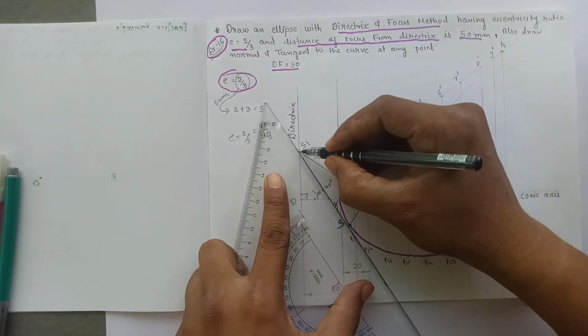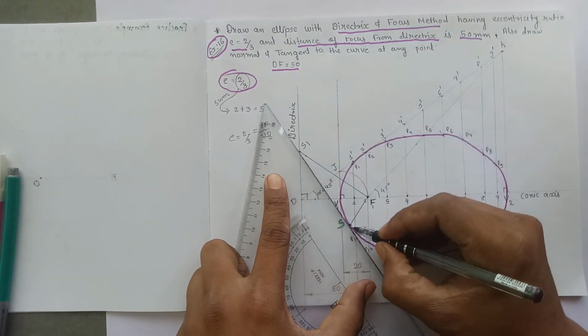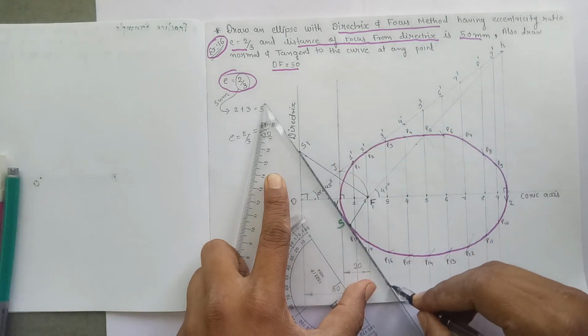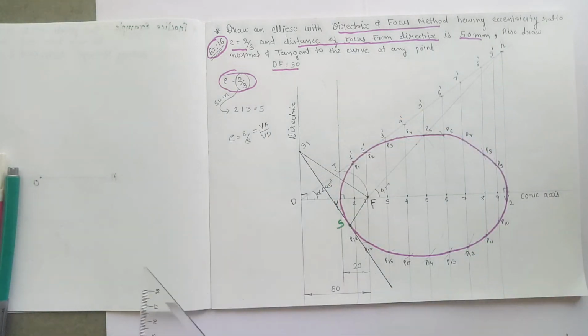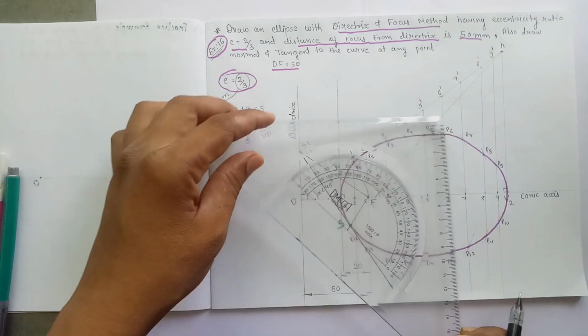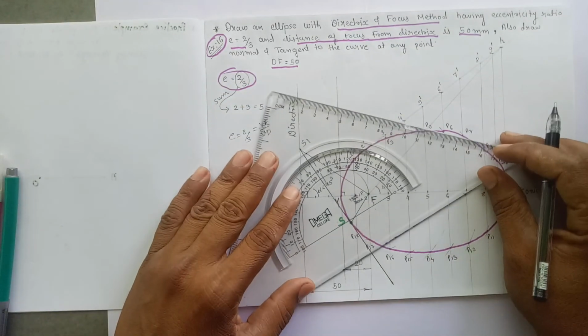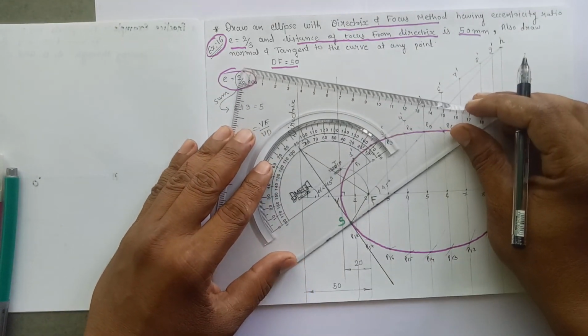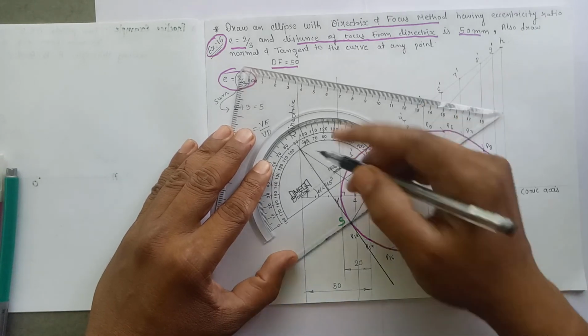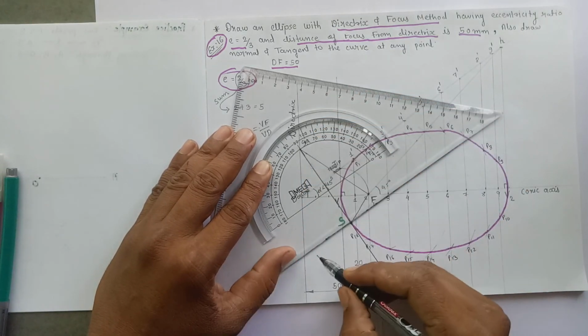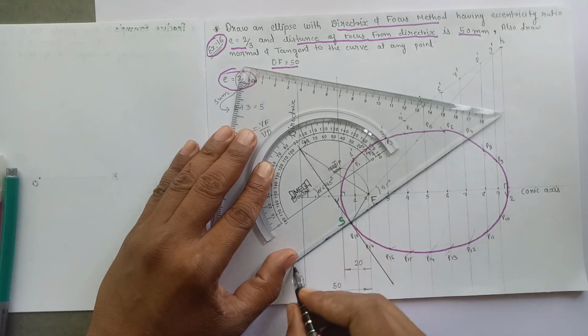Join this S to S1. The line will be the tangent, and draw a line perpendicular to the tangent from the point S. Perpendicular to the tangent from point S will be the normal.